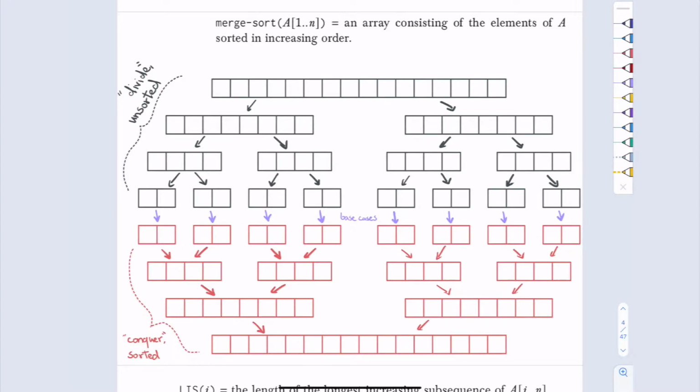It's very easy to sort 2 elements. That's when we go from black to red. And then we start merging things together, leveraging the fact that 2 already sorted sequences are very easy to combine, much easier than sorting originally. We can merge 2 sorted sequences in linear time. And so we start to put things back together. This is a diagram of the dependencies of the subproblems as they relate to one another.